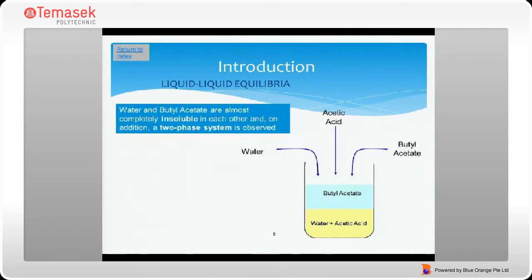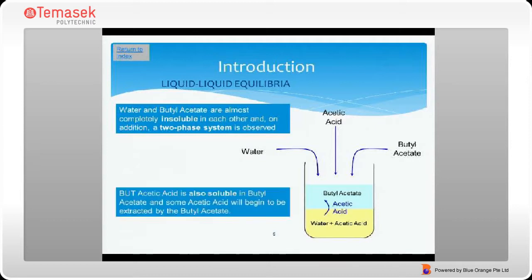However, when we add butyl acetate, as water and butyl acetate are almost completely insoluble in each other, two liquid phases will be observed. But acetic acid is also soluble in butyl acetate. As such, some acetic acid will begin to be extracted by the butyl acetate.